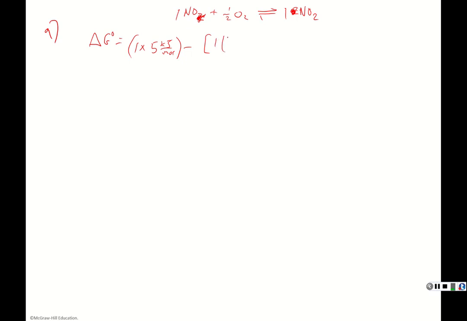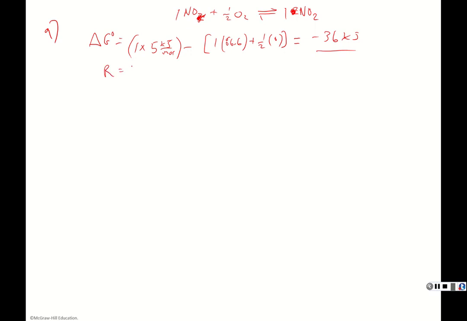So 1 times 86.6 for NO plus 1/2 times 0 for O2. So we get negative 36 kilojoules. So that's our delta G naught.